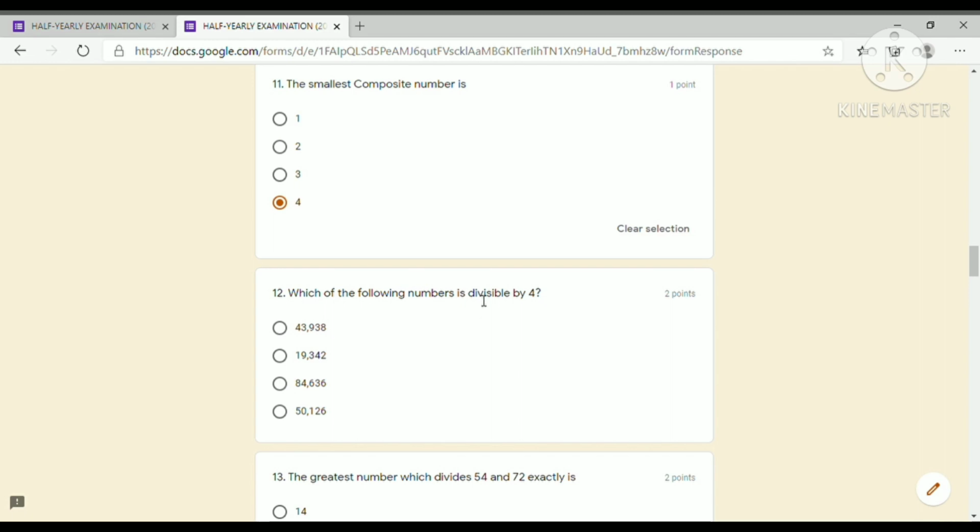The rule is to check the last two digits. If the last two digits are divisible by 4, then the whole number is divisible by 4. So here in the first option you can see 43,938. The last two digits are 38. 38 is not divisible by 4. 38 does not come in the table of 4. So this number is not divisible by 4. Now come to the next option.